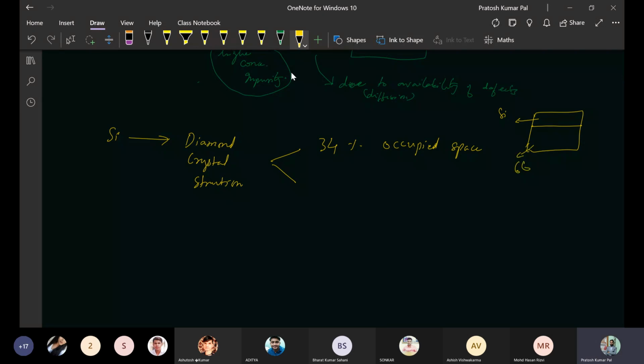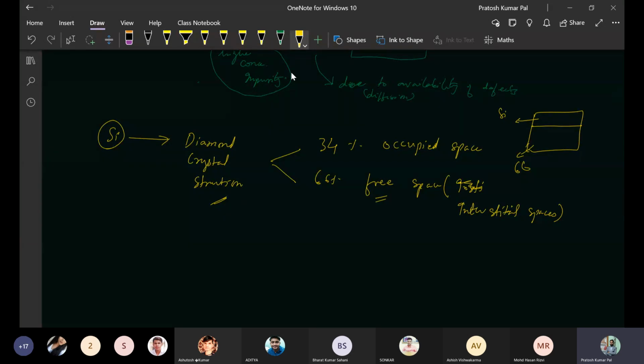All the other space, 66%, is free to occupy. The space in between the atoms is called interstitial space. So the diamond crystal structure has 34% occupied space and the remaining 66% is interstitial space that is free to be occupied.